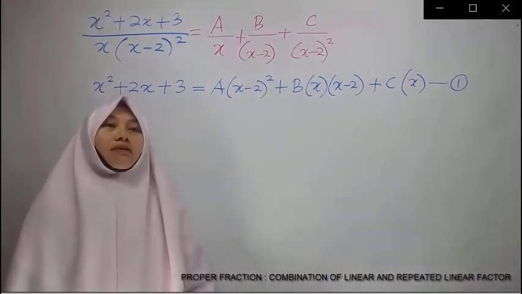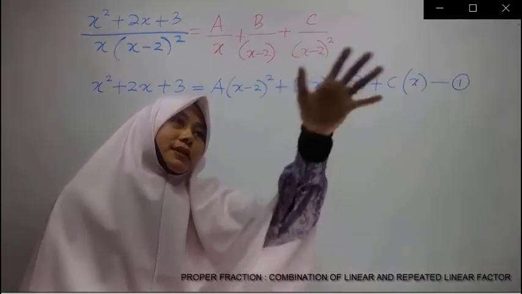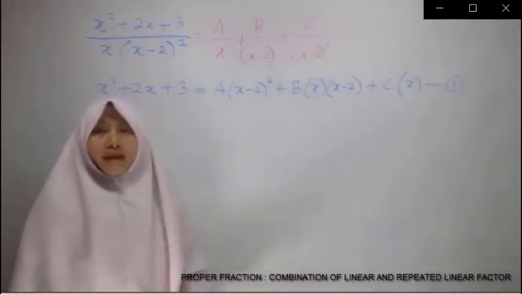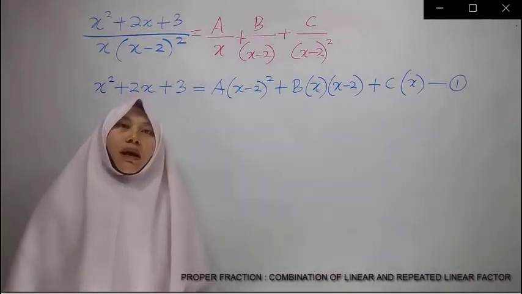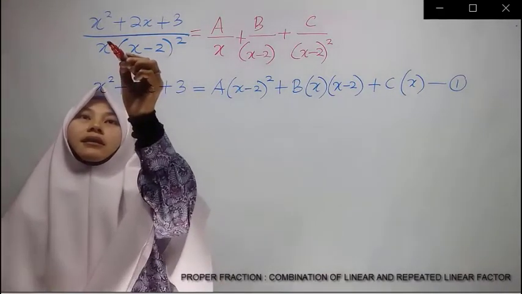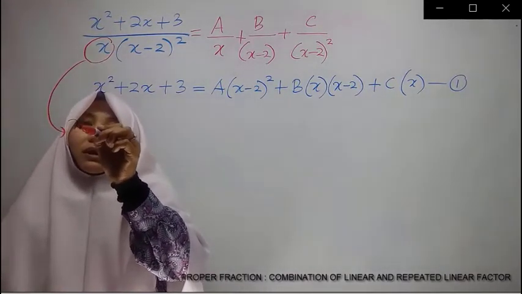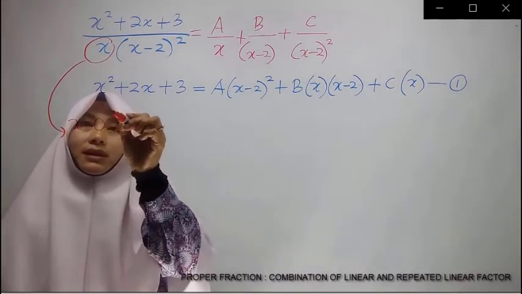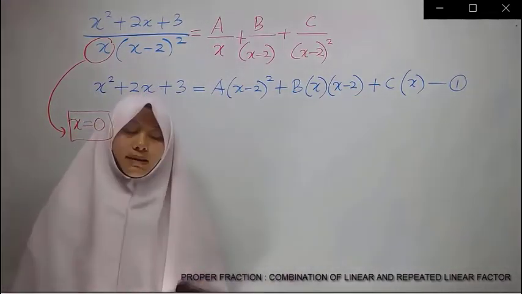Remember that our goal is to find the A, B, and C values. That means if we want to find A, we need to make both other terms become 0. That means we need to substitute the correct x value. Now, the x value we can find from the denominator, just take out x and equal it to 0. Now, this x value we will substitute into equation 1.